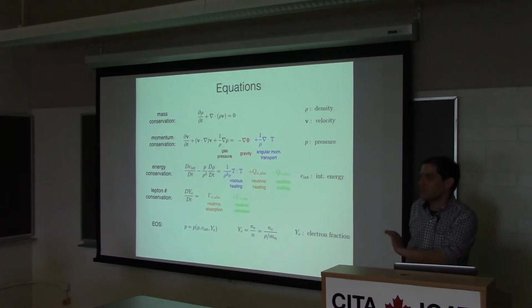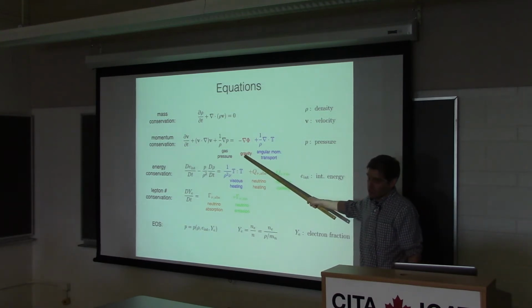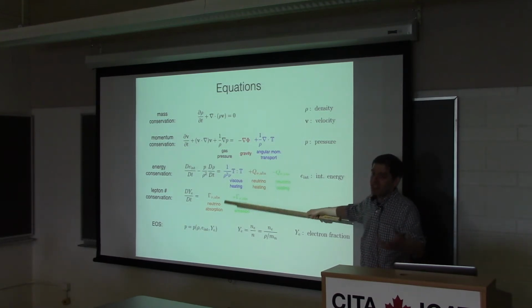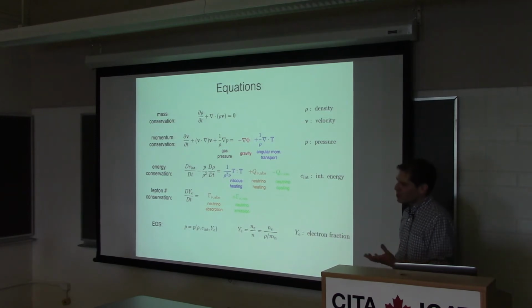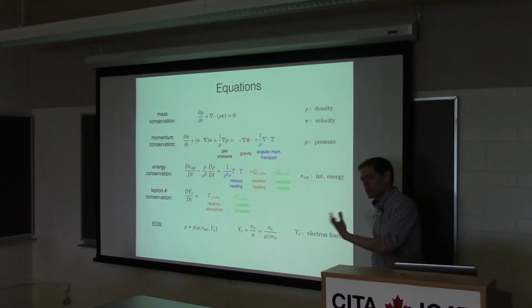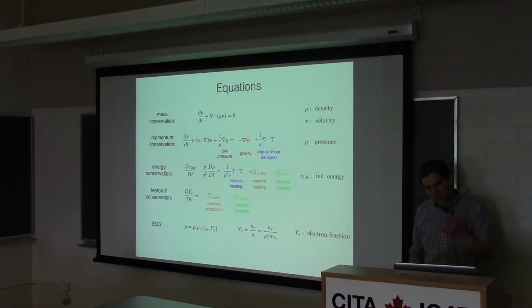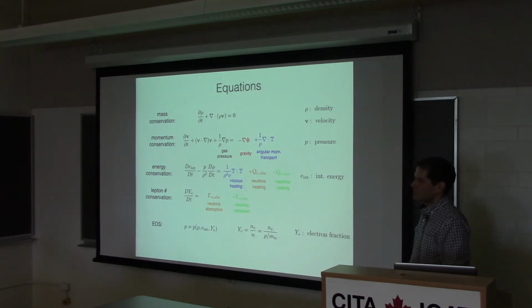If you want to write the minimal model to describe this, you can use a pseudo-Newtonian potential to describe the black hole. It's going to have an ISCO, and material is going to go in. But of course, we know general relativity is important, so all these equations can be rewritten in a general relativistic framework, and then you don't think about the gravitational potential, you think about the metric.